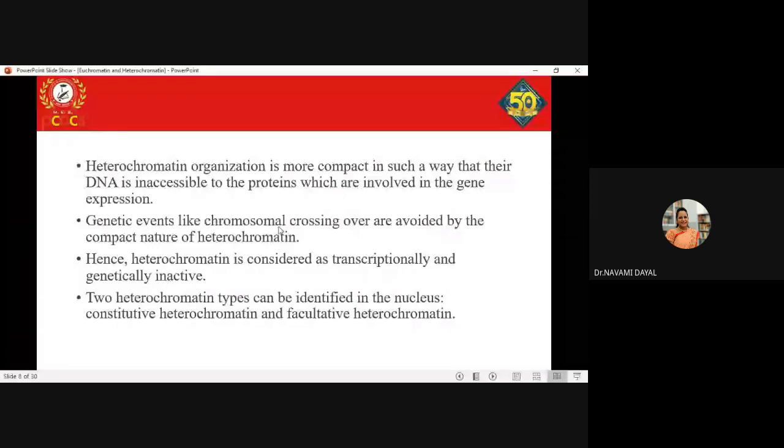Genetic events like chromosomal crossing over are mostly avoided due to the compact nature of the heterochromatin, and hence heterochromatin is considered transcriptionally and genetically inactive. You have two types of heterochromatin: constitutive heterochromatin and facultative heterochromatin.